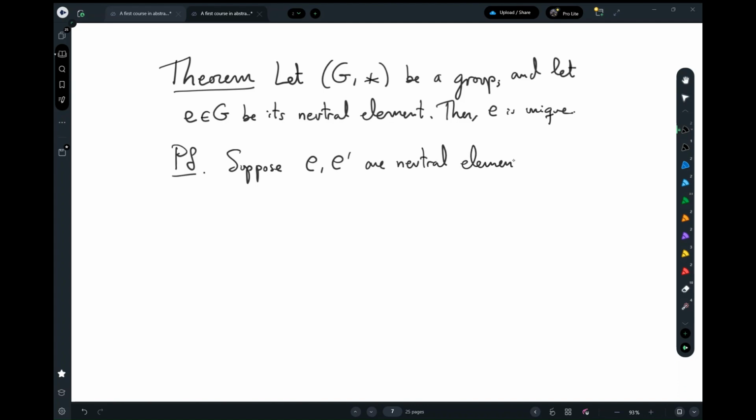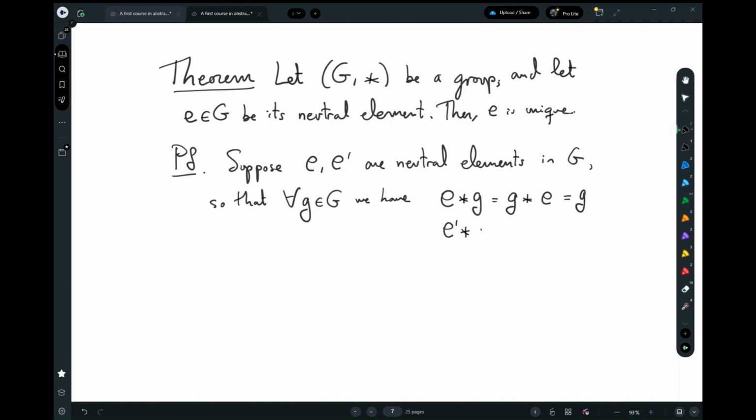This means that these are elements in G that satisfy the property in the axiom, so that for every g in G, we have that, well, e is neutral, so e star g is the same as g star e, which is g, and also e prime is neutral, so e prime star g is the same as g star e prime, which is g.